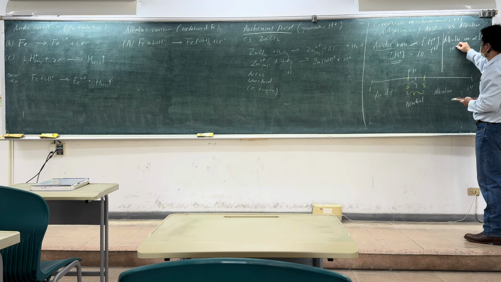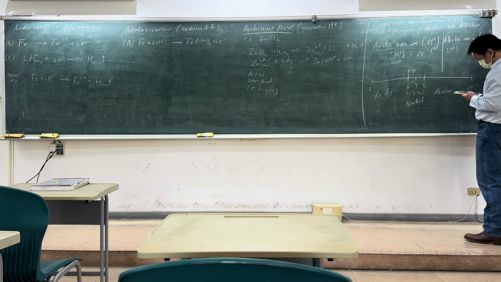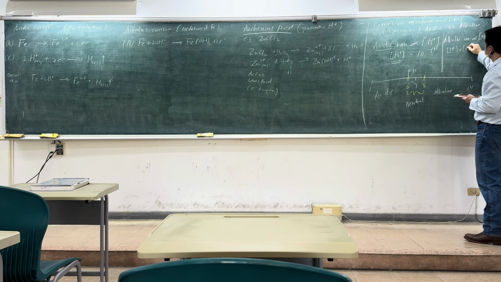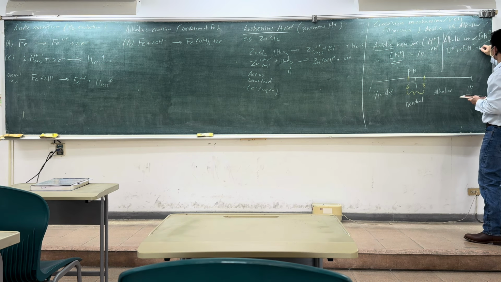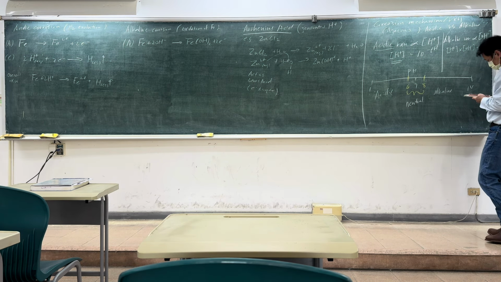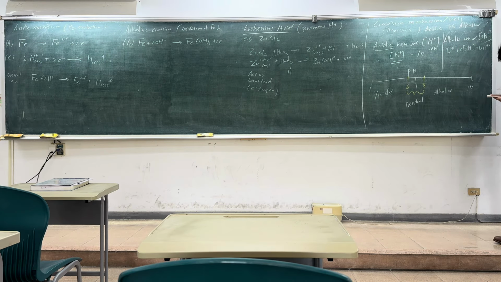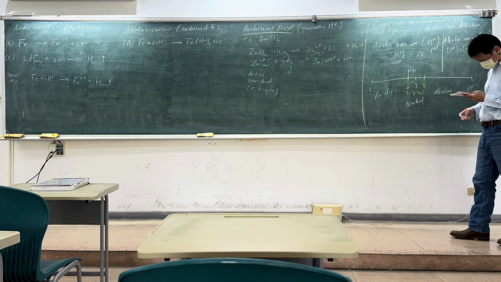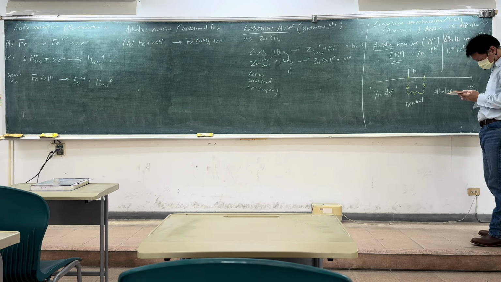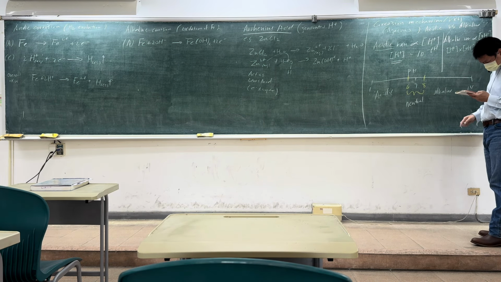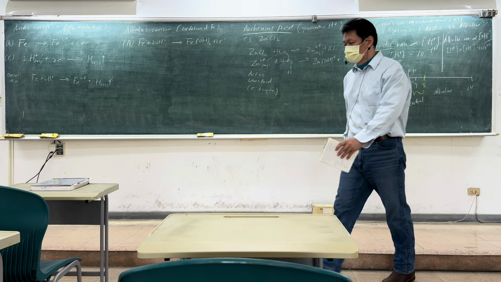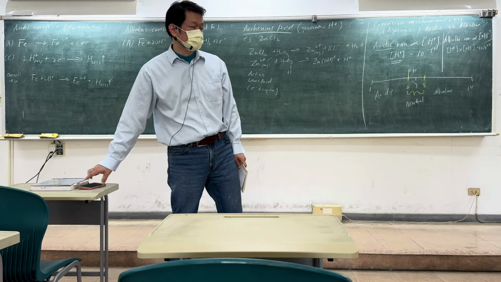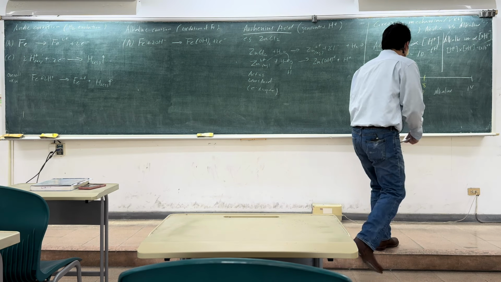H+ times OH- is equal to 1 times 10 to the minus 14. So you can use this to recalculate the concentration of OH-.